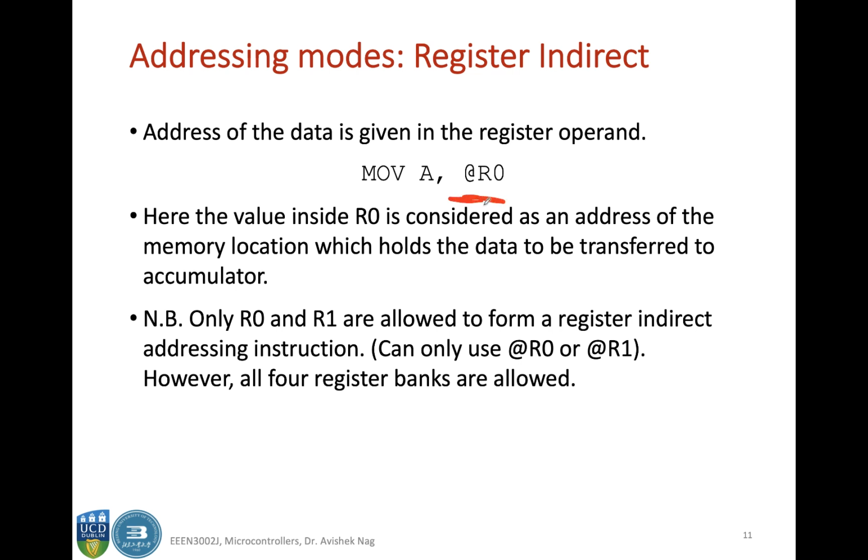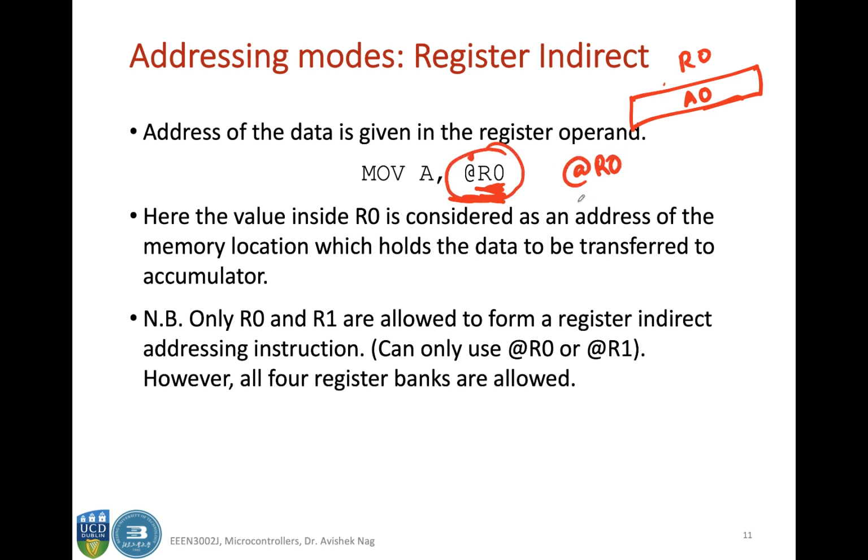This is a bit more complicated. This sign @ means that whatever is the number that is stored in R0, let's say this is your R0, and let's imagine a random hex number, let's say A0. This is the number that is stored in the register, and whatever is stored in register R0 is denoted by @R0 here.